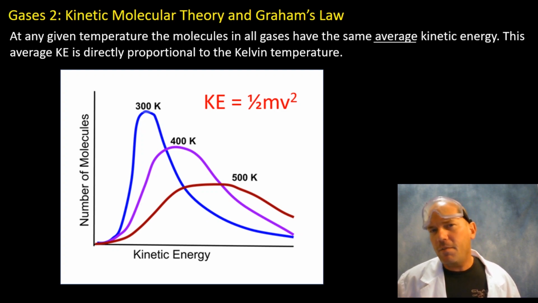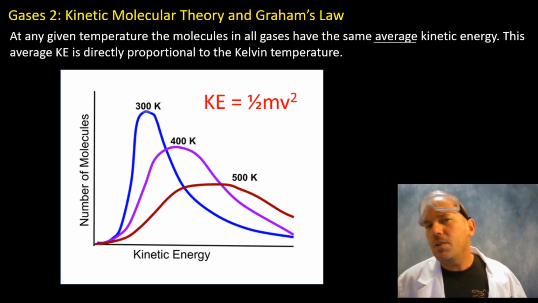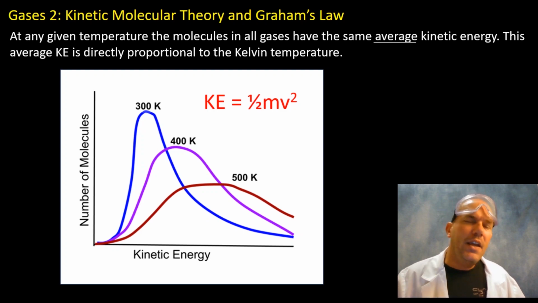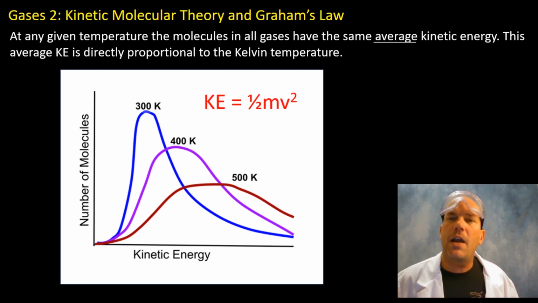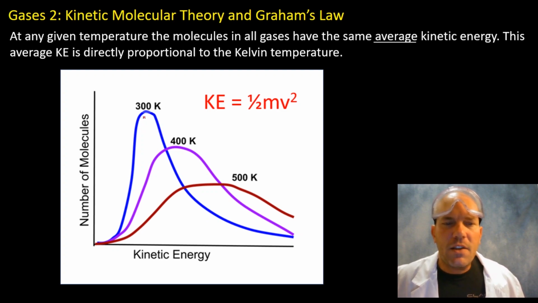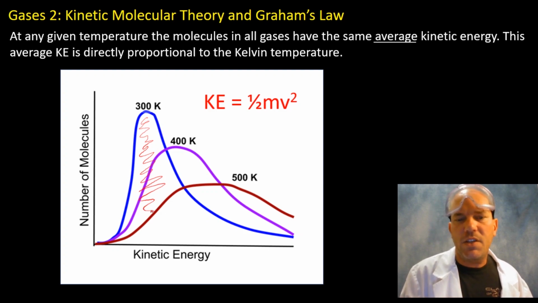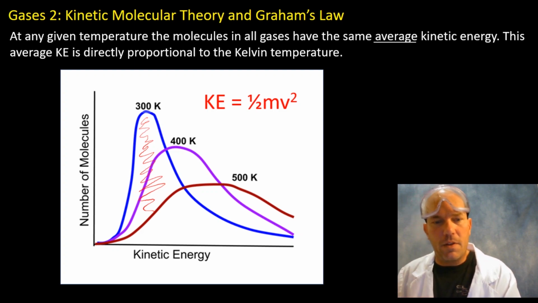So 25 degrees Celsius plus 273 Kelvin tells us that this is 298 Kelvin, to give you a bit of an idea of what temperature we're talking about here at 300 Kelvin. As you can see, there are a number of molecules here, and most molecules have a relatively low kinetic energy when compared to 400 and 500 Kelvin.